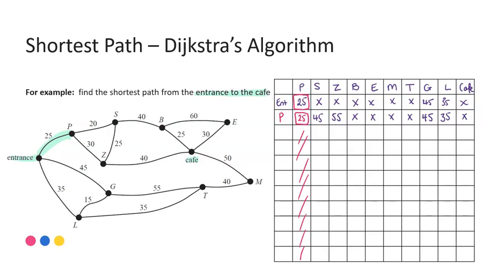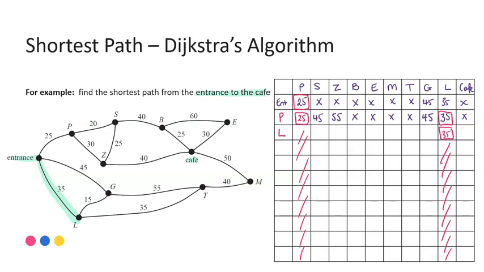I look at my row P and find the smallest value, so I have 35. So now L becomes my new focal point. So L becomes my row heading, and now I'm going to work through connections to L. So again, I've gone from the entrance to L in 35 and I'm looking at the paths to the next connectors.